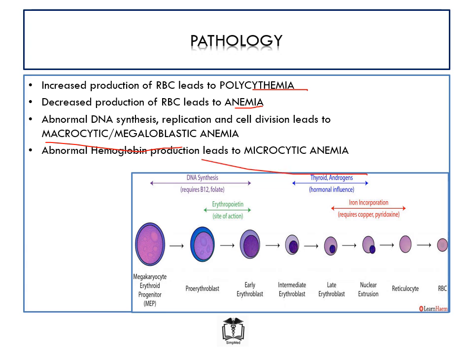So how do the last two tend to come about? So please do note that when we go from the progenitor cells, the burst forming unit erythroid, the colony forming unit erythroid, to the pro-erythroblast and the basophilic erythroblast.